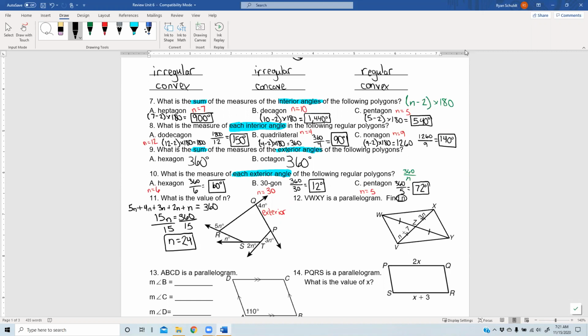So to get n, we just have to set them equal. So we'll get 2n equals 7. Divide by 2. And you get n equals 3.5. Or you could also leave this as 7 over 2. Either way works.